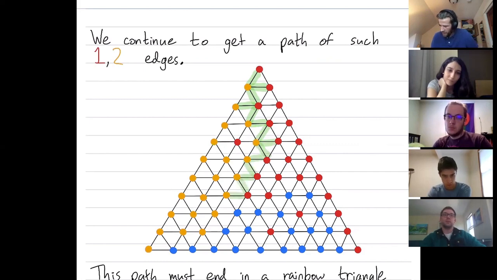In this particular example, I reach a spot where I found a 1, 2 edge whose adjacent triangle contains a vertex labeled 3. And that's my rainbow colored triangle. But I need to argue for you that this path of 1, 2 edges always halts. You always hit a triangle where you have the third vertex label. Okay.